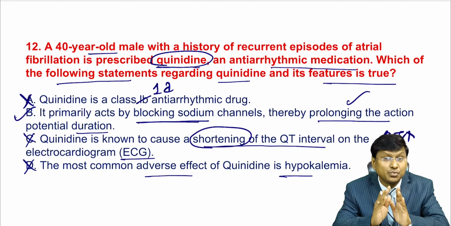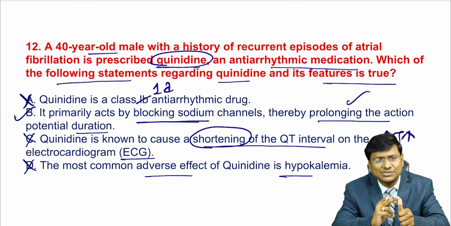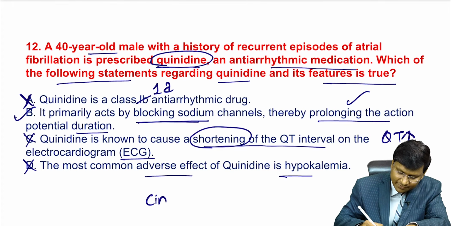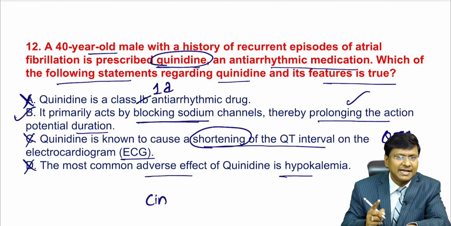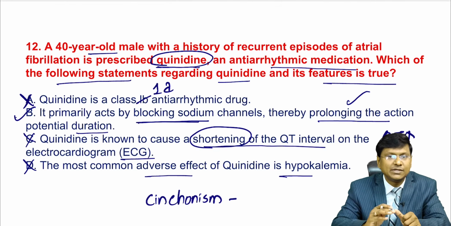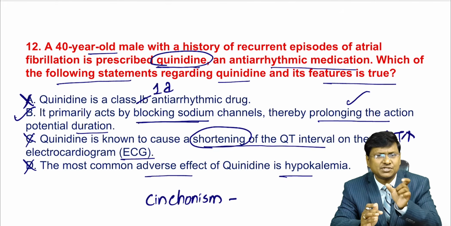Quinidine can cause various side effects, including gastrointestinal disturbances, and Quinidine is mainly associated with the development of an important adverse effect that is called cinchonism, right? That is what is called cinchonism. What are the characteristic features of cinchonism?